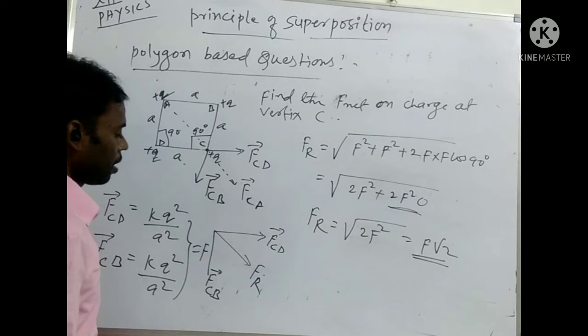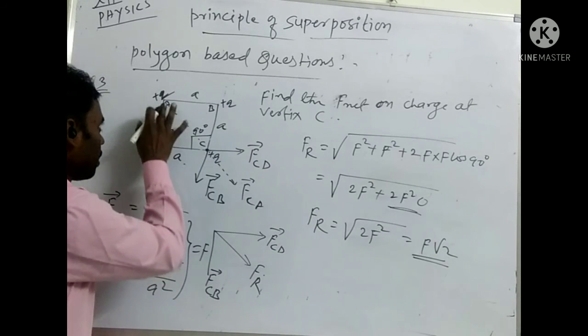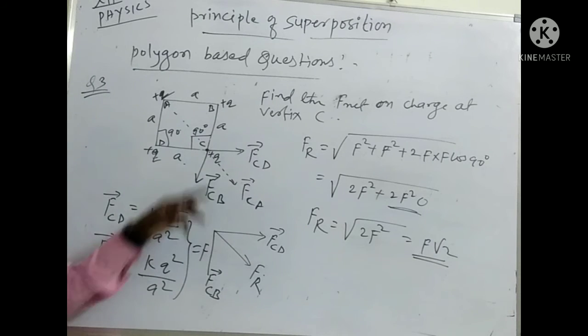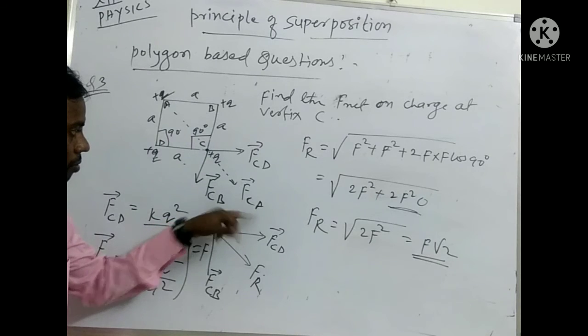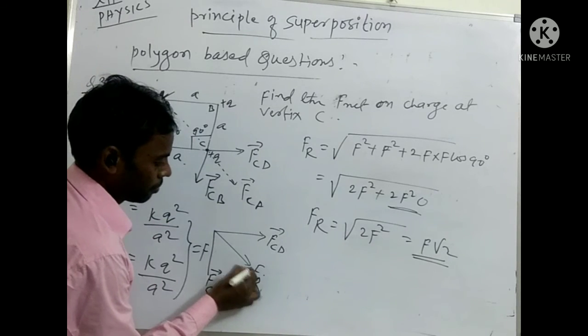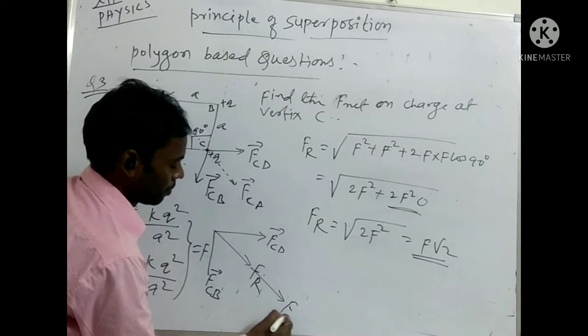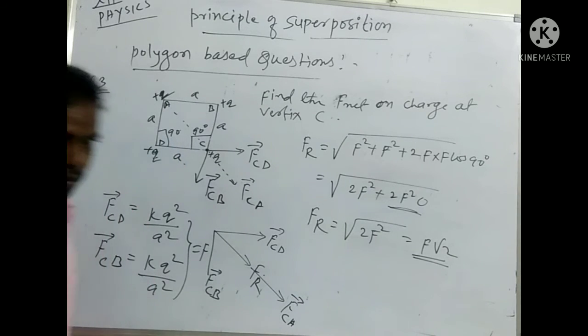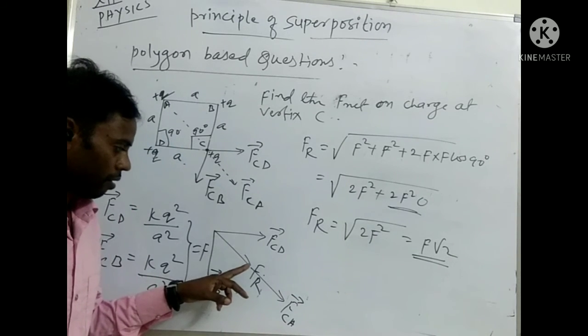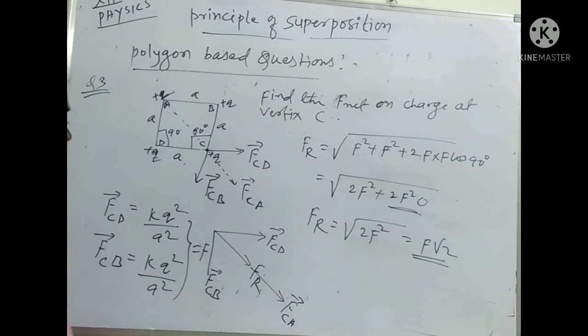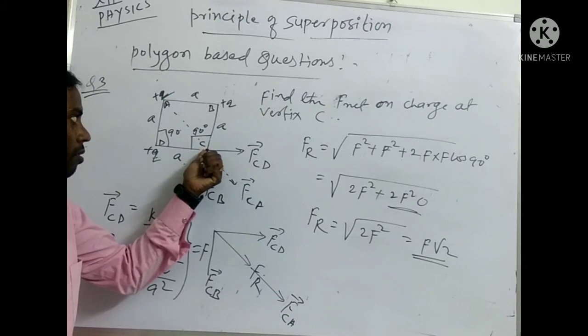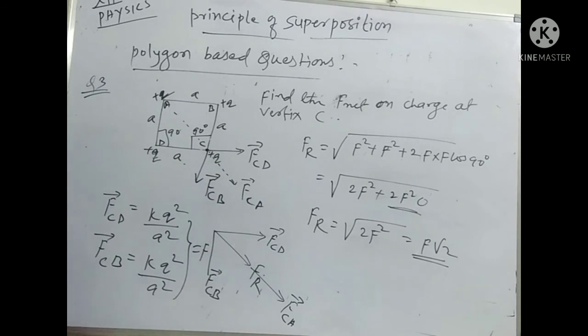Then after that, we have to observe the direction of the force on C due to A, going to this side. That means we have to find the resultant between FR and FCA, and then we will get the total net force on C. First you have to write this one.